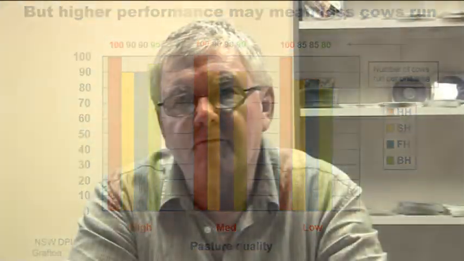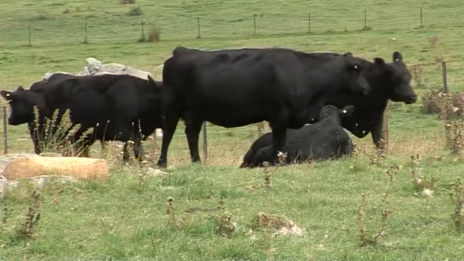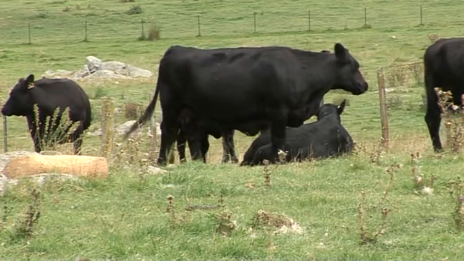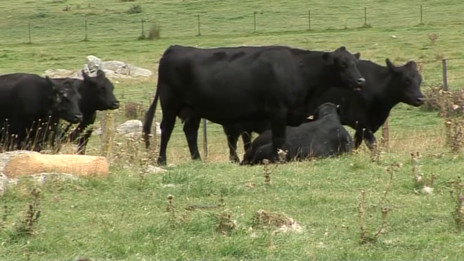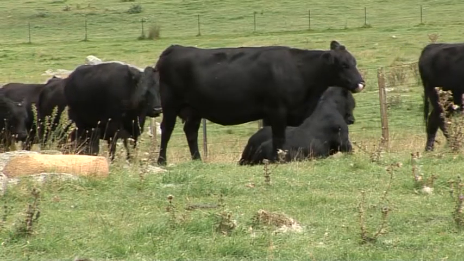So it's an important factor to keep in mind as you think about the breeds, as you think about the production system for your country, and that increased feed requirement must be taken into consideration.